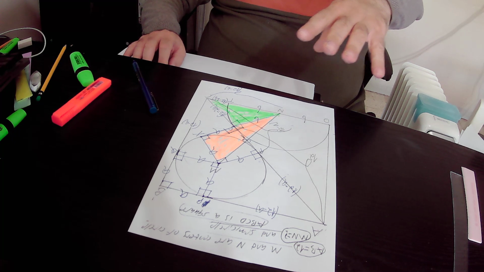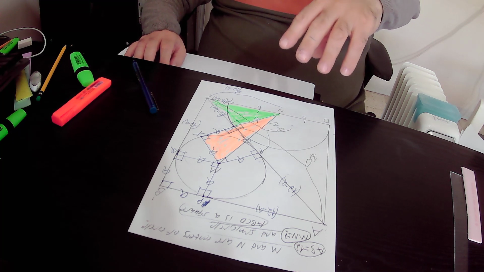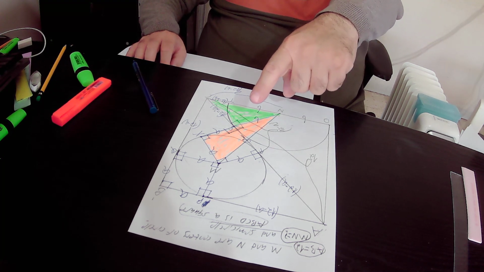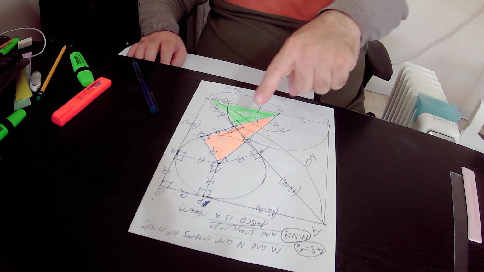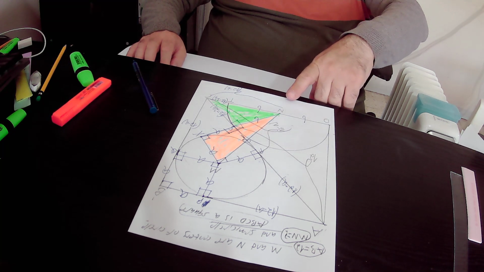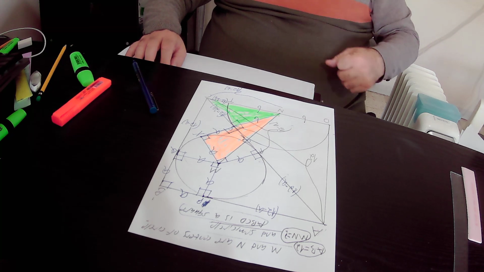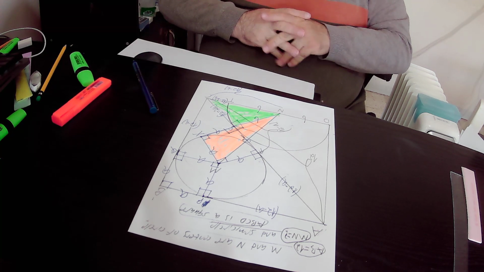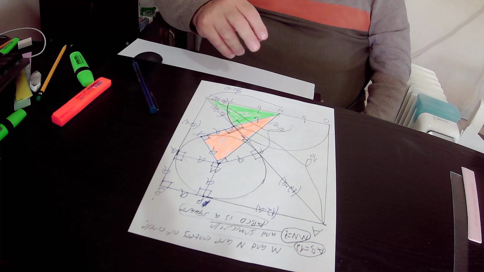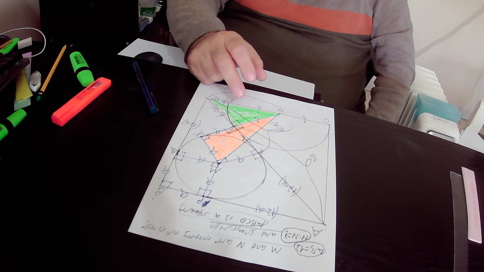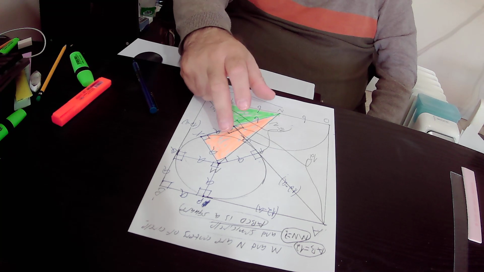Inside this square we have a circle and a semicircle. The center of this circle is at point M, the center of the semicircle is at point N, and we want to find out the distance between the two centers M and N, or the length of line segment MN.